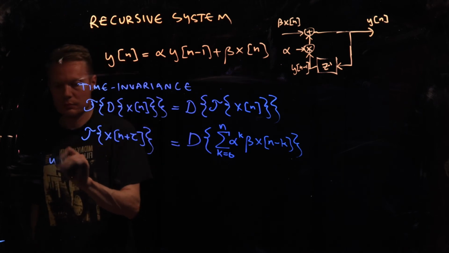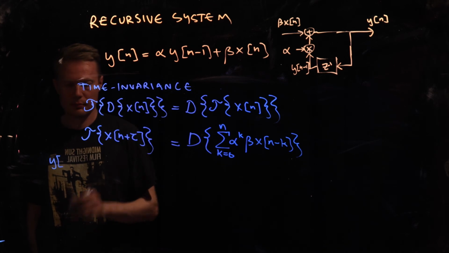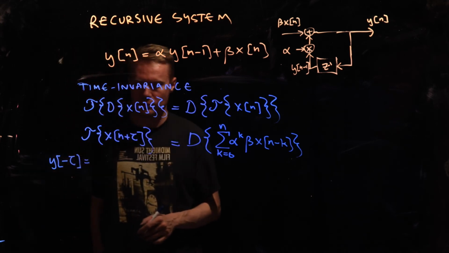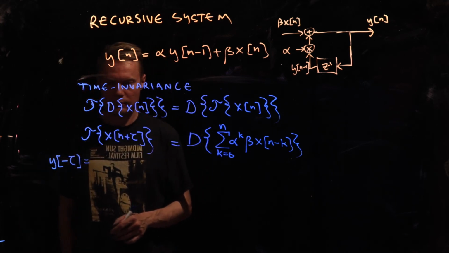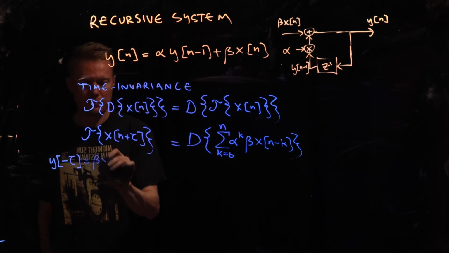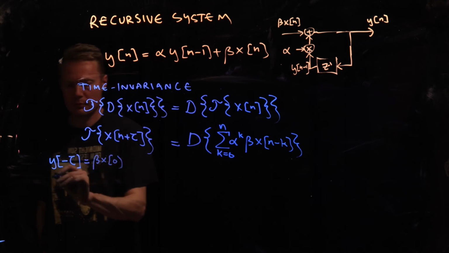Okay, on the left hand side, let's start looking at the output values of this system that's fed by a time shifted input x. So the first value where the output is non-zero is going to be at minus tau, because n plus tau should be 0. So minus tau plus tau is 0.